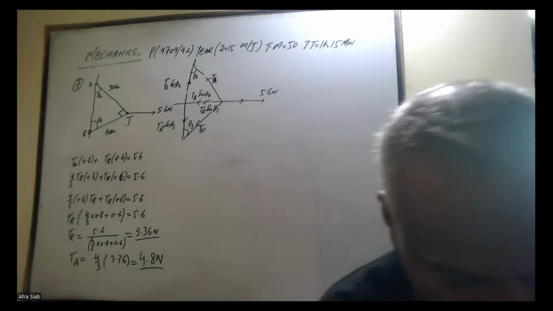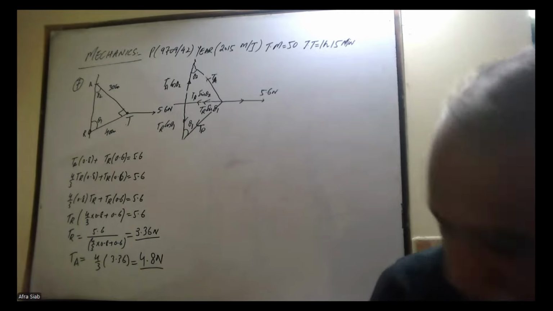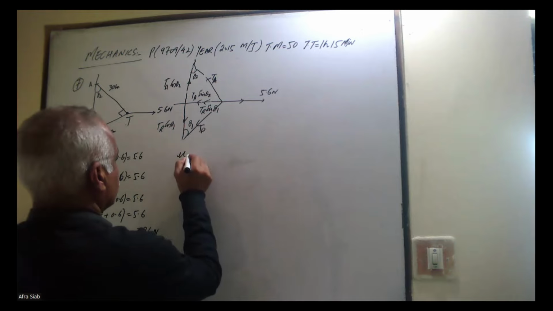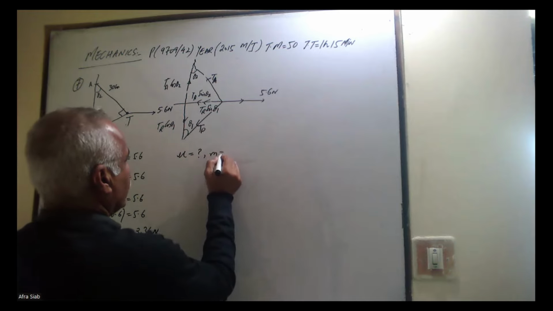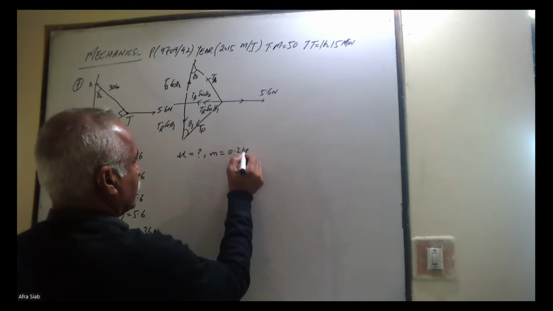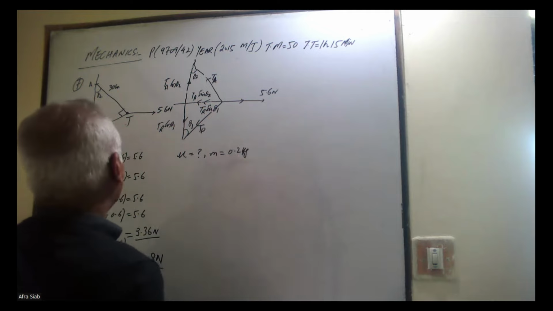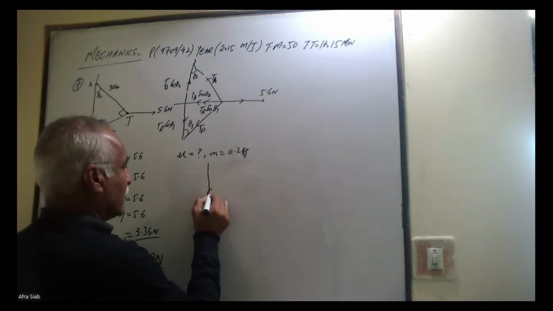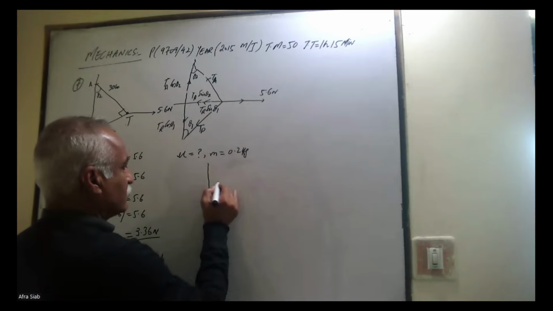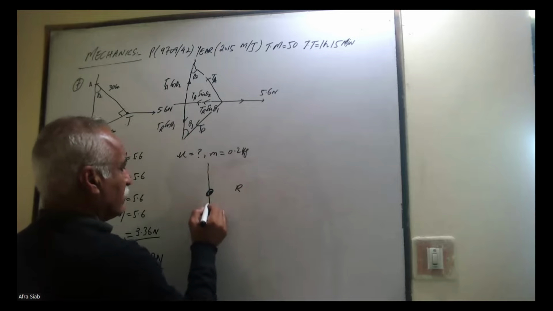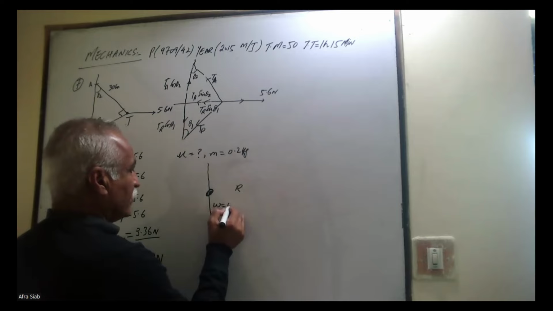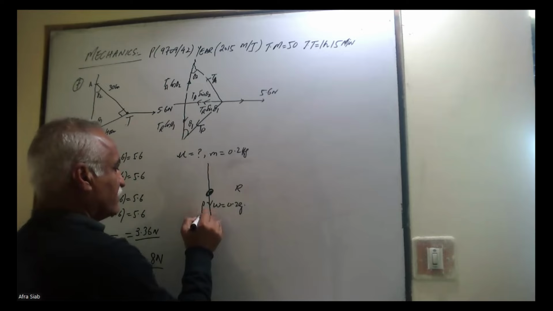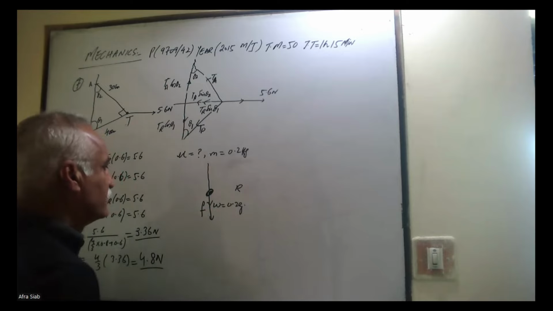When M is 0.2 kg, you are going to find the friction at the particle R. So this is R at this position, whose weight is 0.2 g downward, plus there is a frictional force acting on that particle downward.